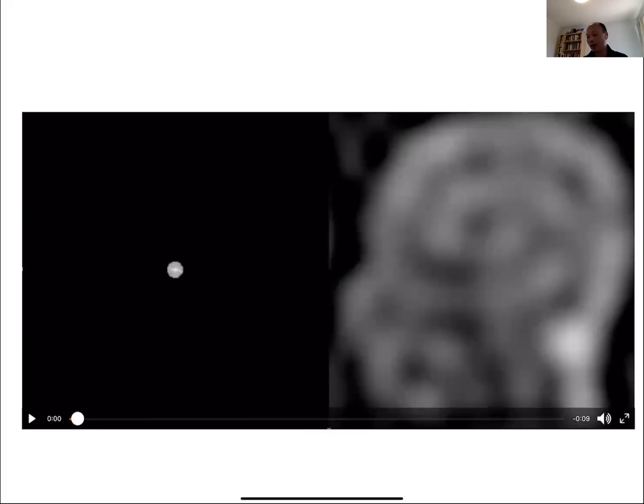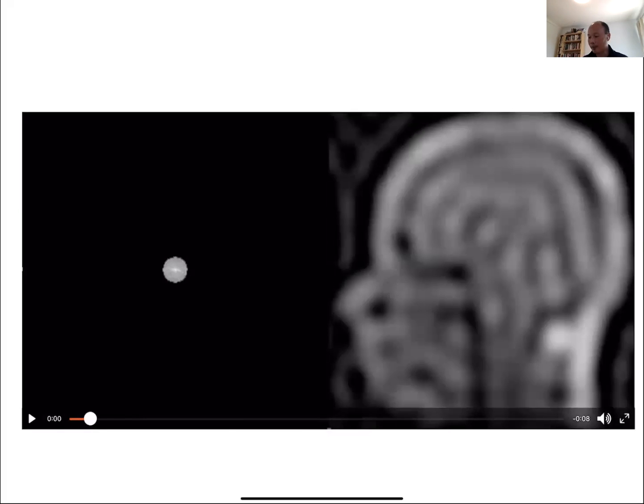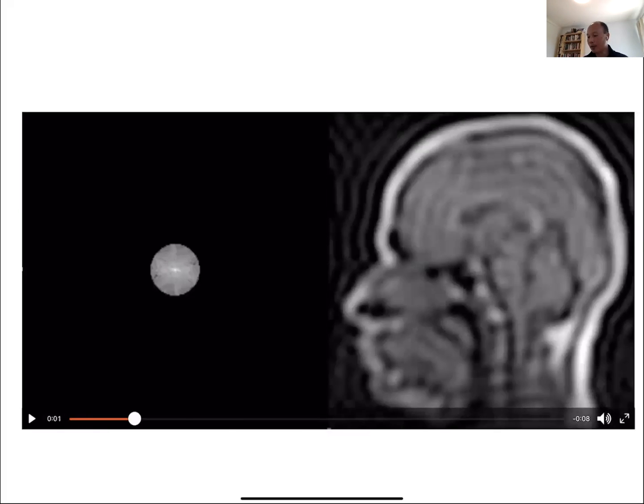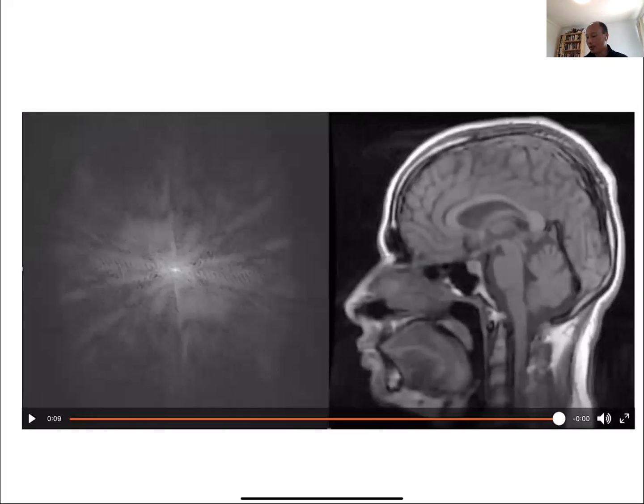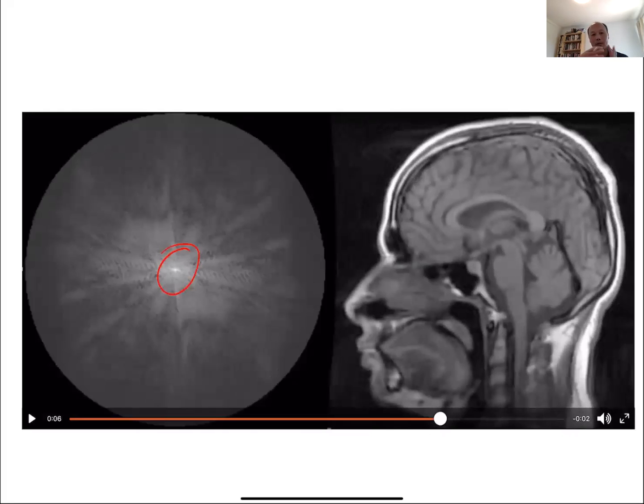From the center of K-space you get a feel that there's something there, but you can't really tell what it is. It's only as you acquire more and more of K-space that you start filling in all the details. So the center of K-space gives you the overall shape and the mean level, and the outer parts of K-space give you the fine details.